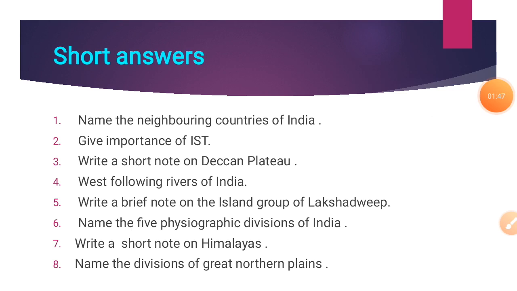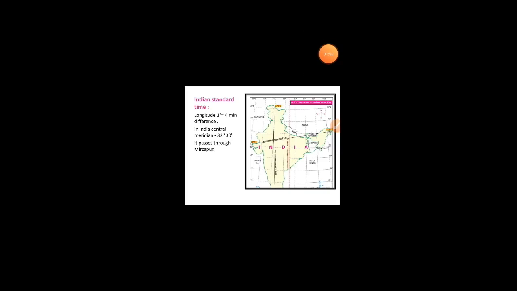The next important question is, give the importance of IST. IST means Indian Standard Time. Based on the longitude, the time will be calculated. Longitude 1 degree is equal to 4 minutes difference. In India, the central meridian longitude is 82 degree 30 minutes east.